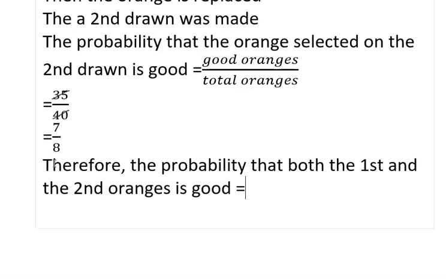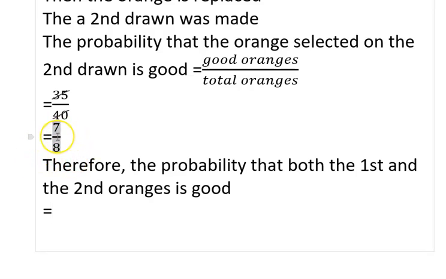in our multiplication law of probability, we're able to establish that the moment the word and is being used, that means you are going to be multiplying. You are going to be doing what? Multiplying. So the first and the second oranges, they were good.